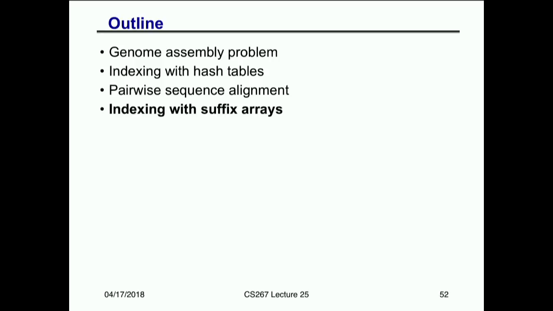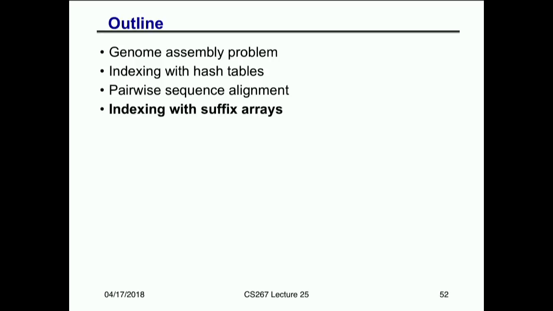So let's come to suffix arrays. This is very tricky. I wanted to talk about suffix arrays right after indexing with hash tables because they serve similar purposes. But it was also about time to talk about sequence alignment because we were talking about scaffolding. So know that hash tables are not the only game in town.